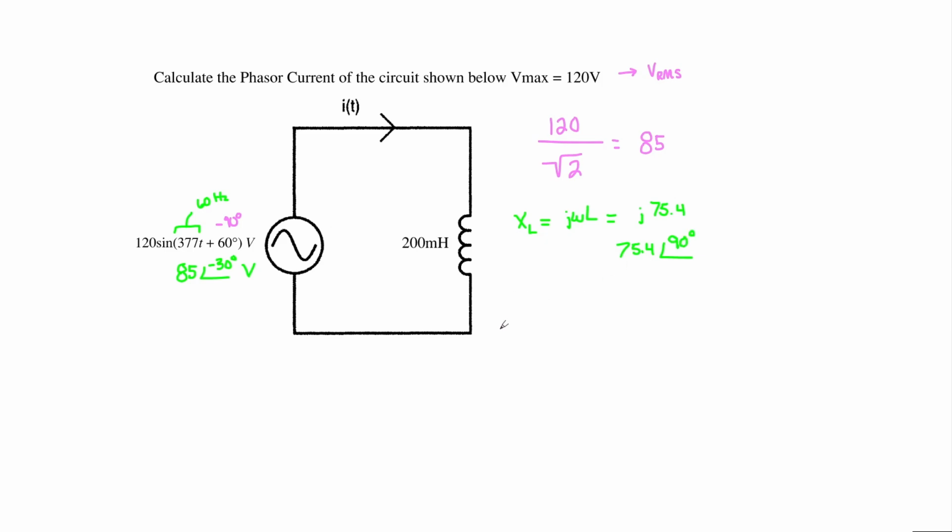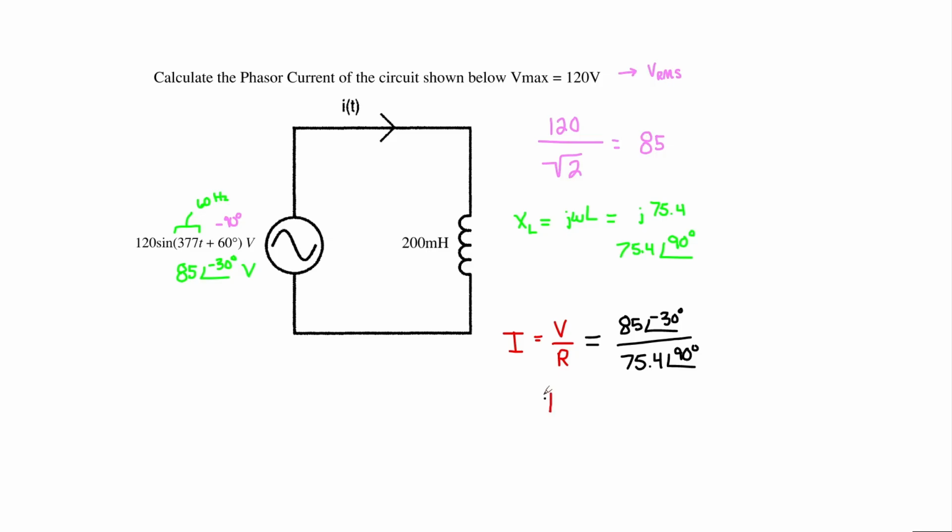Finally, in order to solve for our phasor current, we can simply use Ohm's law of V over R equals I. Plugging in our values of 85 at an angle of negative 30 degrees over our resistance, or our equivalent phasor impedance of 75.4 at an angle of 90 degrees.